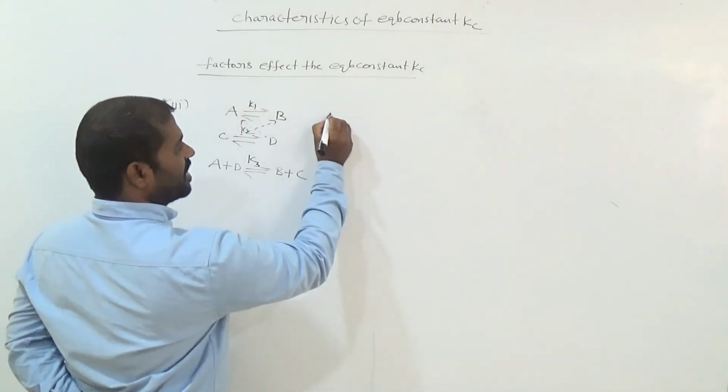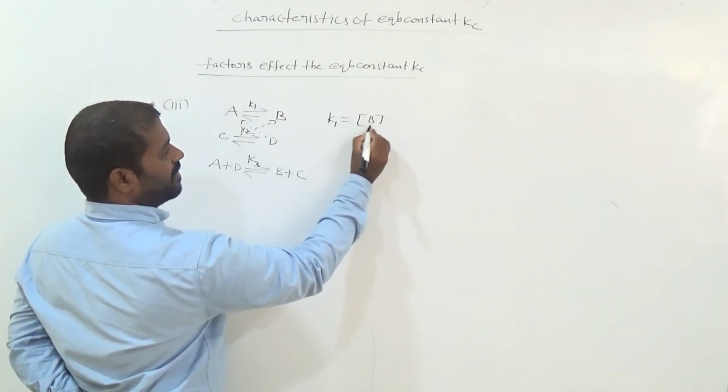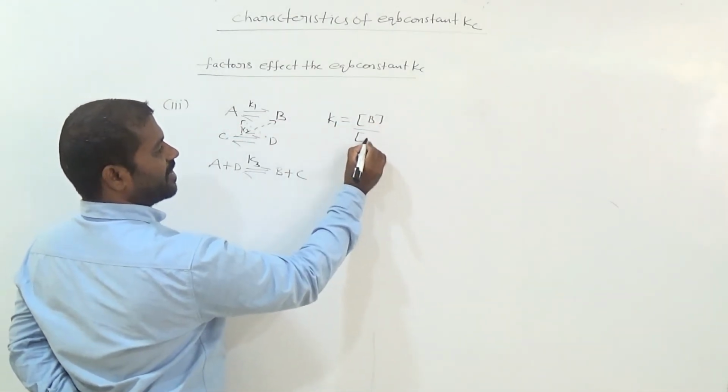So what about K1 here? K1 is equal to the molar concentration of B by the molar concentration of A. Am I right?